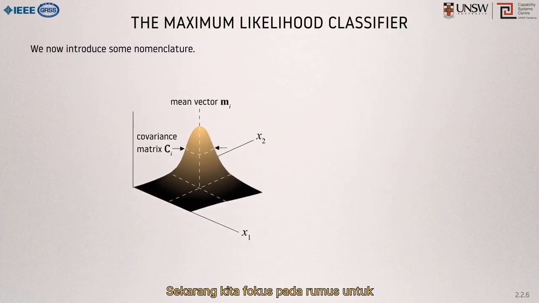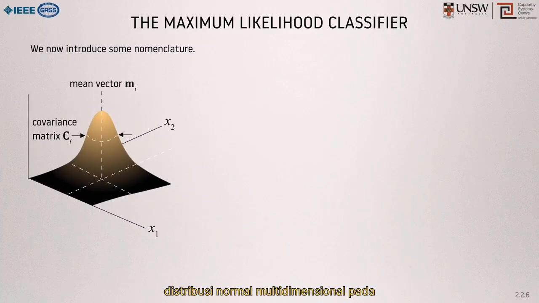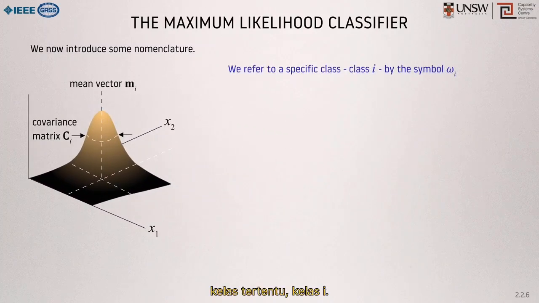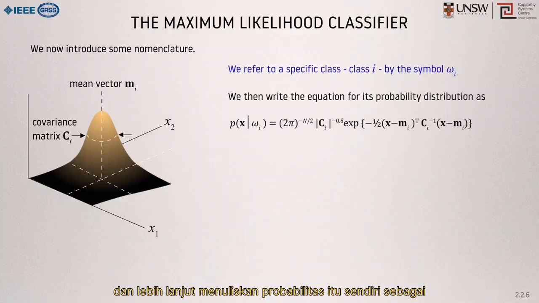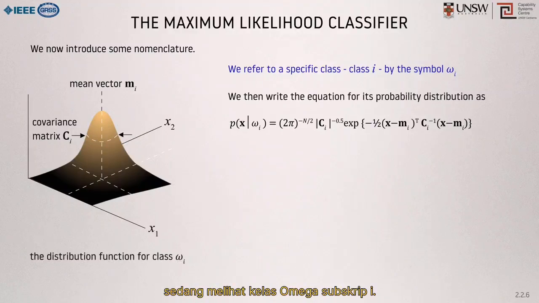We now focus the formula for the multidimensional normal distribution on a particular class, class i. We indicate that by the subscript i to the mean vector and covariance matrix, and further write the probability itself as conditional on the fact that we are looking at class omega subscript i.